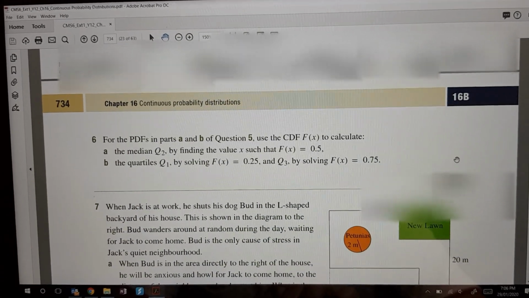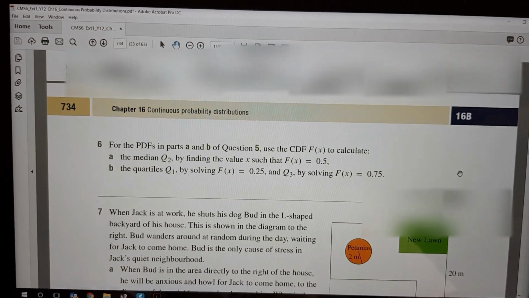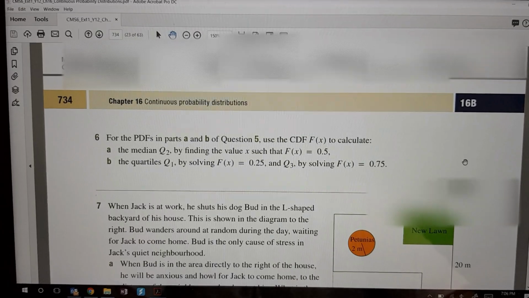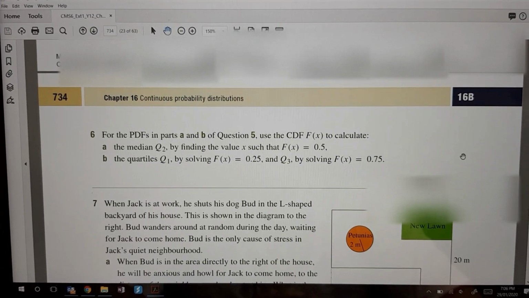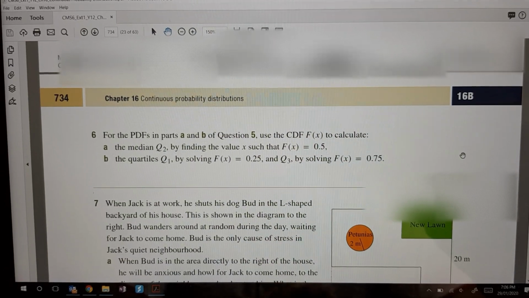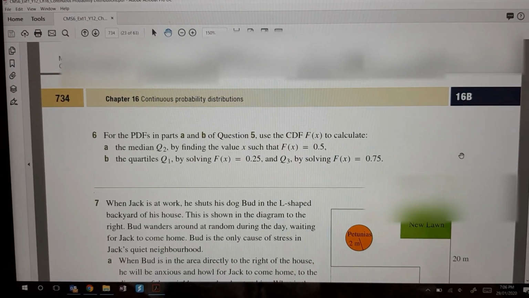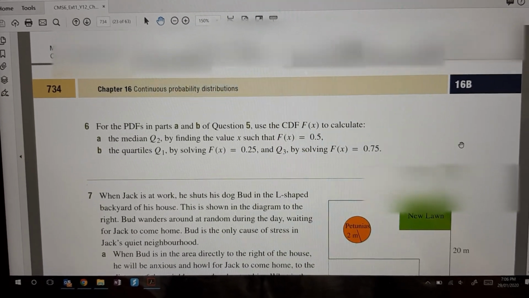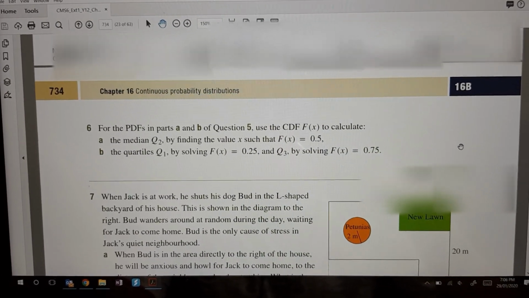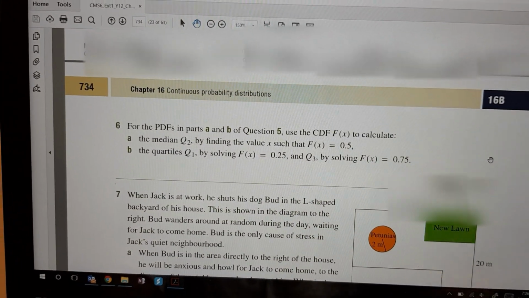What you're asked to do is find the median, that's Q2, and the quartiles. That's Q1, the lower quartile, which is the 25% mark, and Q3, the upper quartile, which is the 75% mark. That's why you have 0.25 there and 0.75.